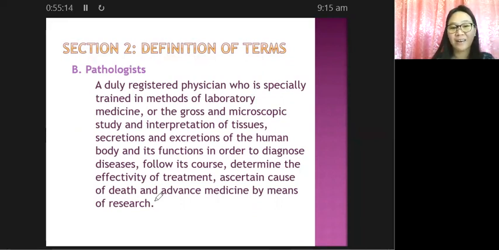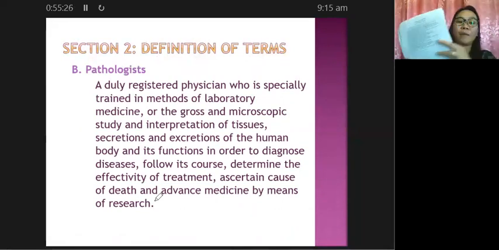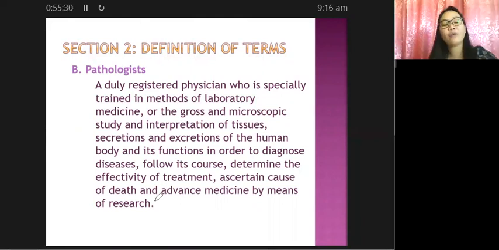Okay, yes. All right. So later on, we will be able to differentiate what a pathologist is and what a physician is when we go to your clinical laboratory. Okay, so I repeat, a pathologist is a registered physician with proper training, who has undergone training to become a pathologist.